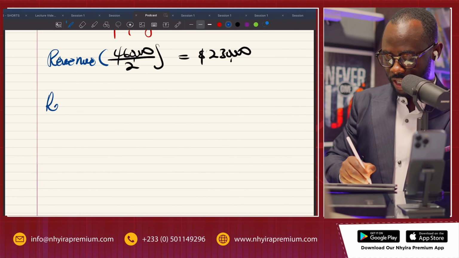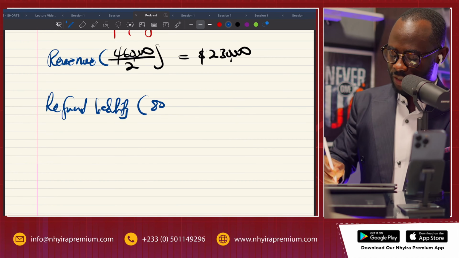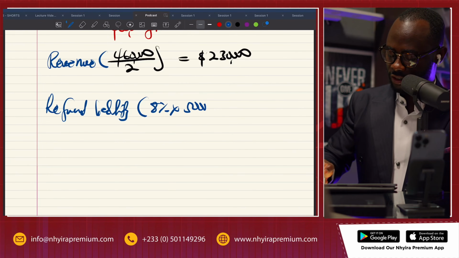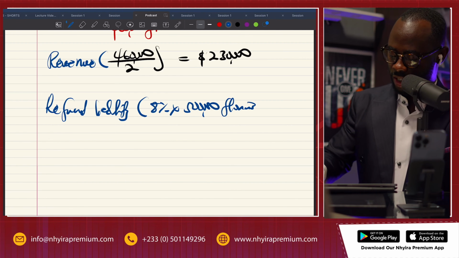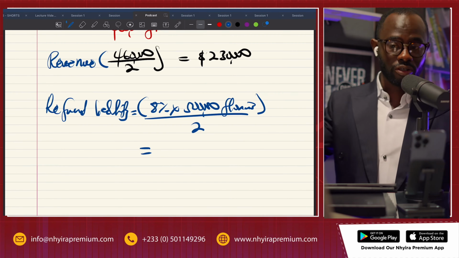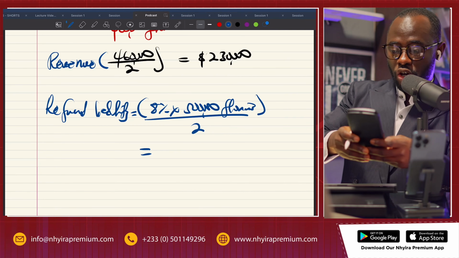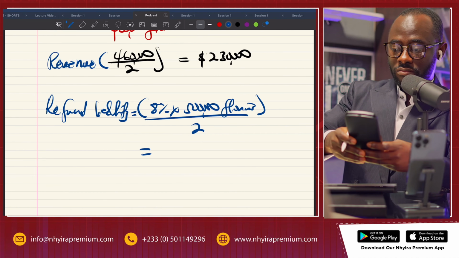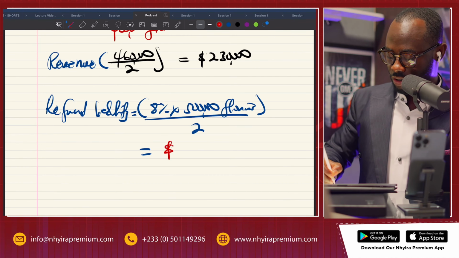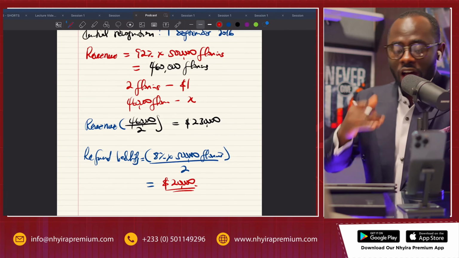So we get a refund liability, and that's going to be 8% of the 500,000 florins, and we'll divide that by 2, because the exchange rate is 2, so we work it out straight. 0.08 by 500,000 divided by 2, and I'm getting $20,000. So this is how we split the revenue.